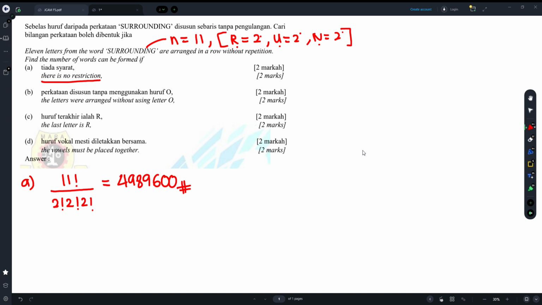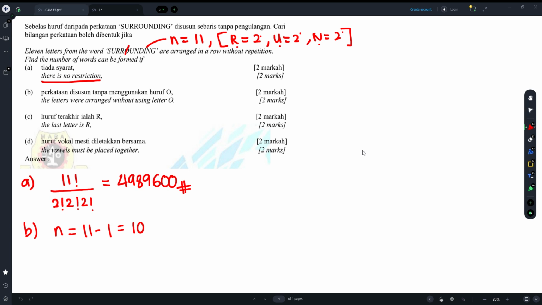Now we are done with part A. Let's move on to part B. For part B, they are asking us to find the number of words that can be formed if the letters were arranged without using the letter O. When we are not using the letter O, the total number of letters will become 10 only.